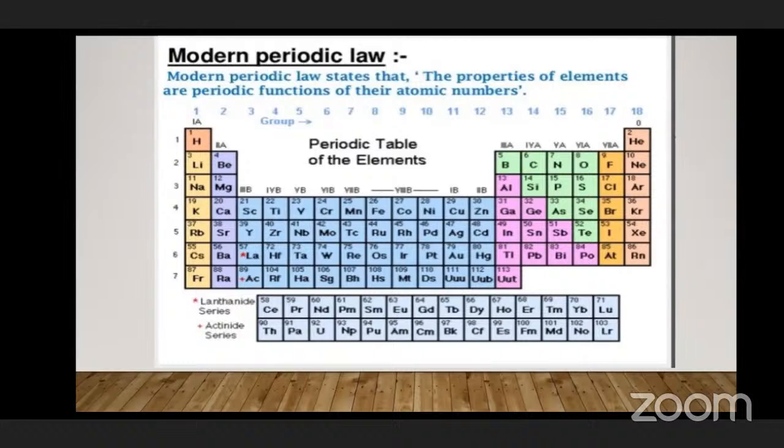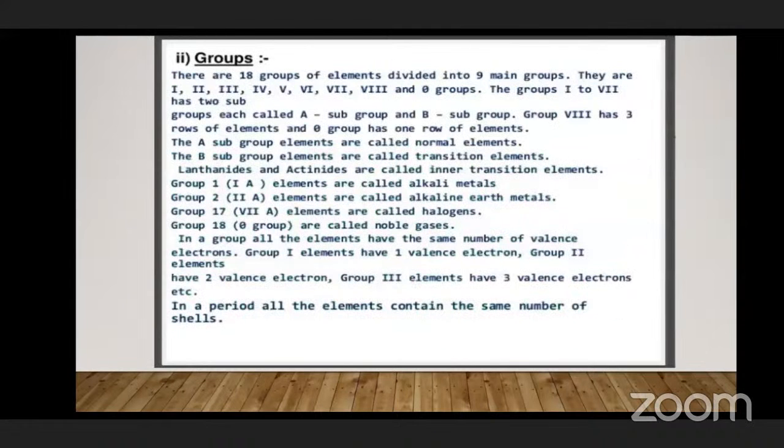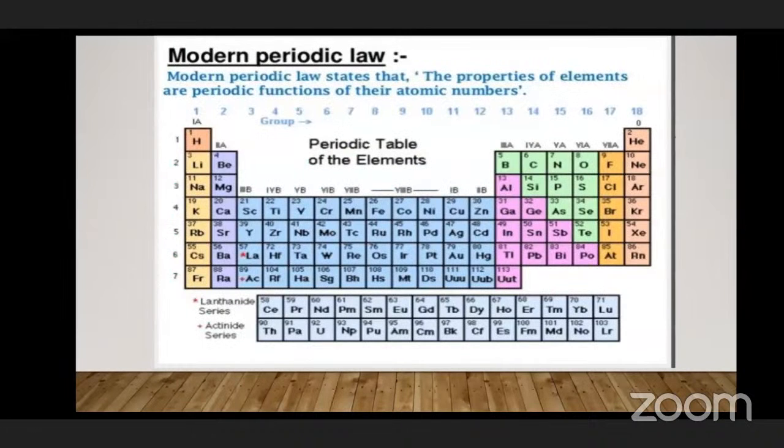And the second A group elements are called alkaline earth metals. And group 17 elements are called halogens. So similarly, the first A group is called alkali metals.